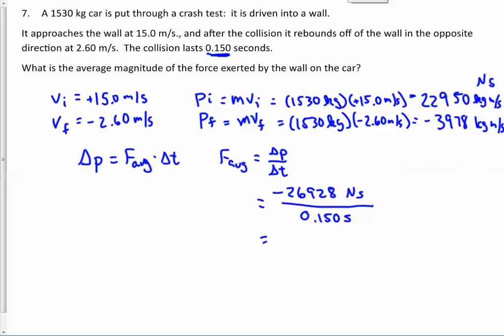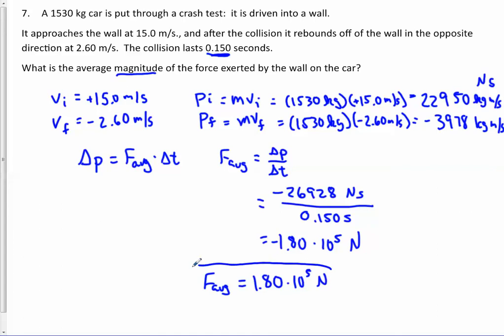And the number is 1.80 times 10 to the 5th newtons. Negative, but if we just want magnitude, then we'll just make it positive and call it 1.80 times 10 to the 5th newtons. Of course, it's to the left because that's the way the wall is going to exert its force on the car. And that's the answer.